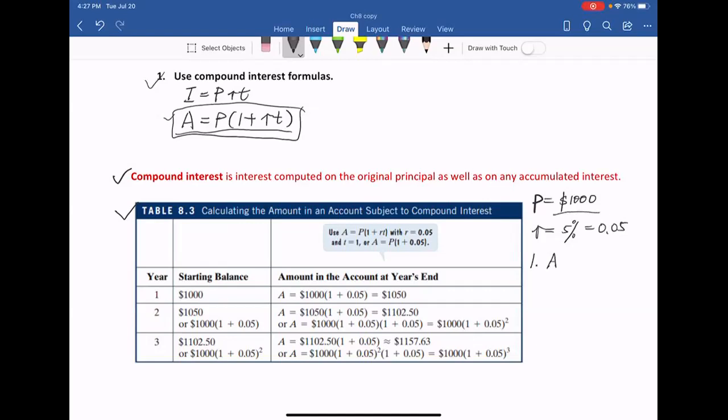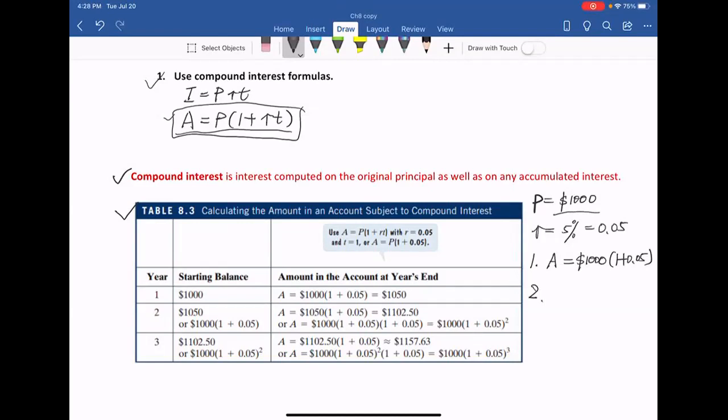So you deposit in the bank savings account, and then at the end of the year, your future value is $1,000 times (1 plus RT). That's 0.05. T is 1 because I'm looking at just 1 year.